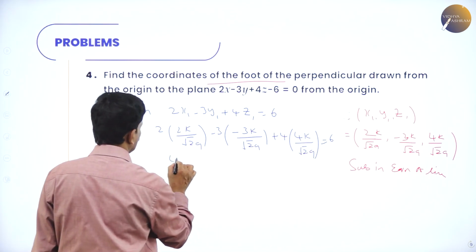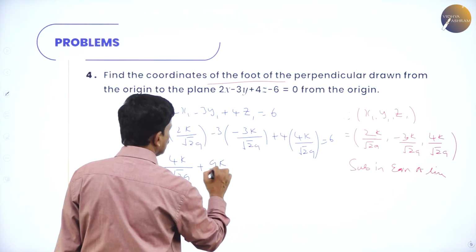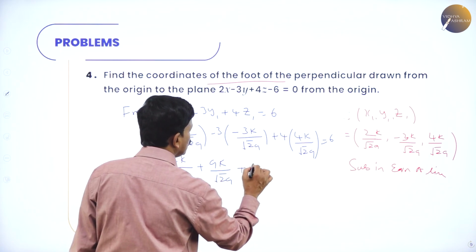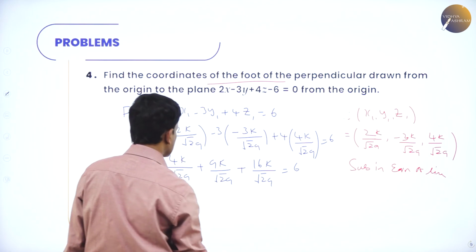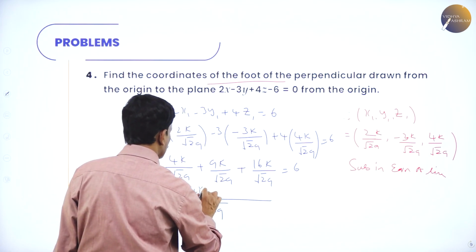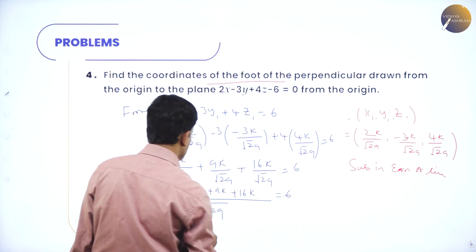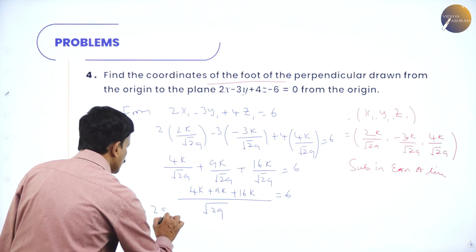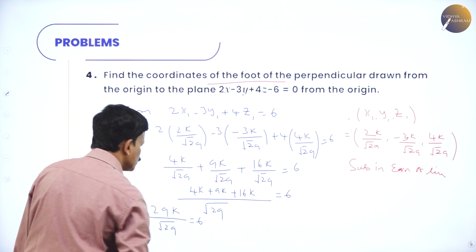Now this is 4k divided by root 29 plus 9k divided by root 29 plus 16k divided by root 29 is equal to 6. Root 29 is the LCM. This is 4k plus 9k plus 16k, which is nothing but 29k divided by root 29 is equal to 6.